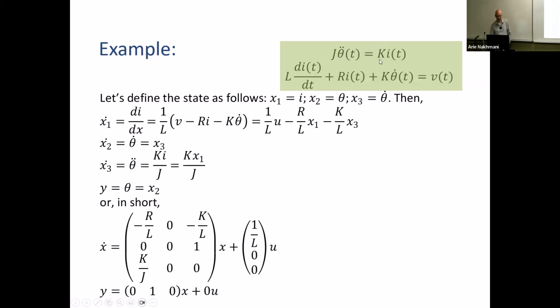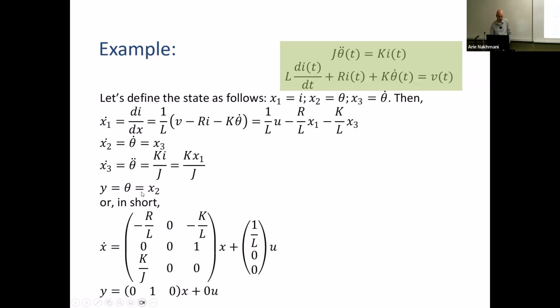It's k divided by j times I, but I is x1. So it's k x1 divided by j. So I've got 3 state space equations. All of them are functions of x1, x2, x3, and u. y is equal to theta, because this is the angle that I want to control. So by definition it's x2. So I wrote y as a function of x2.